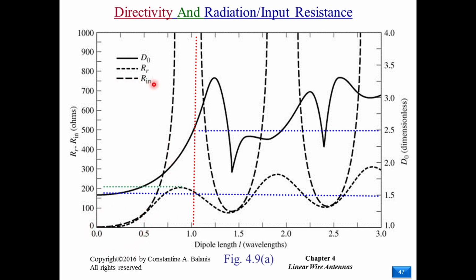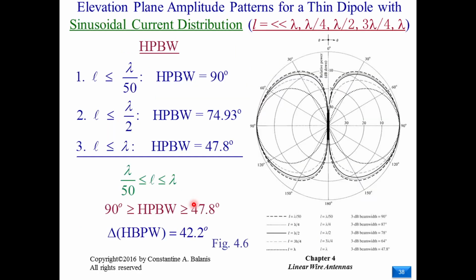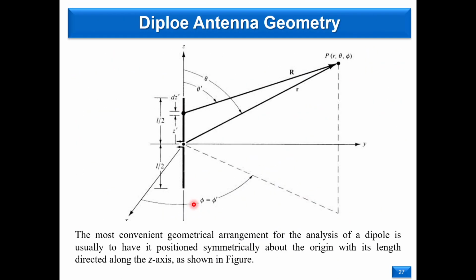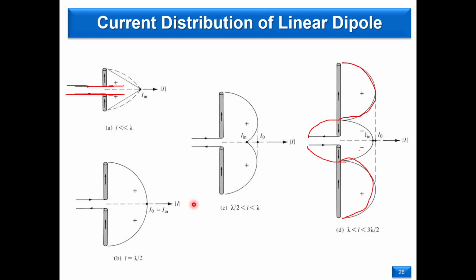Also, the input resistance can reach infinity because, for example here, when L equals lambda, we'll have this point here equal 0. So this is one half wavelength, and this is one half wavelength, so it will be one complete cycle of sine here.